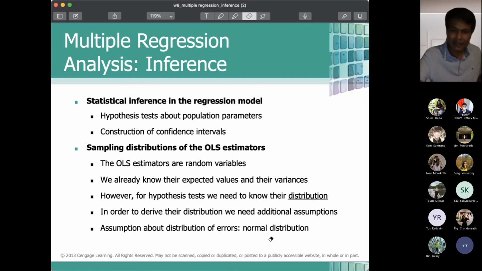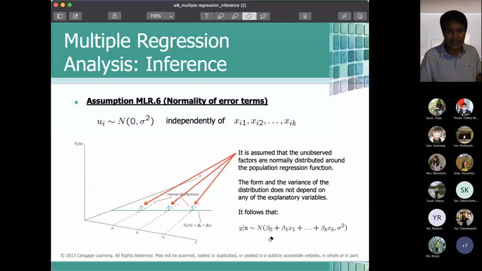All right. Let me go a little bit further. In this graph, we assume that the error term has a normal distribution. When I say normal distribution, we expect that the error term has this curve with any of the x, right?